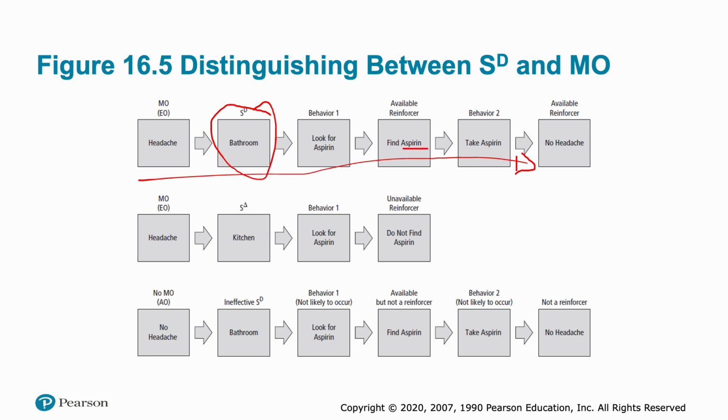Okay, so there's an establishing operation present. In the future, when you have an EO present and you are in the bathroom, you're going to engage in behavior in order to gain access to the reinforcer of the aspirin. Again, the difference here is that the establishing operation is the headache, right? The painful stimulation, and the SD is the bathroom.